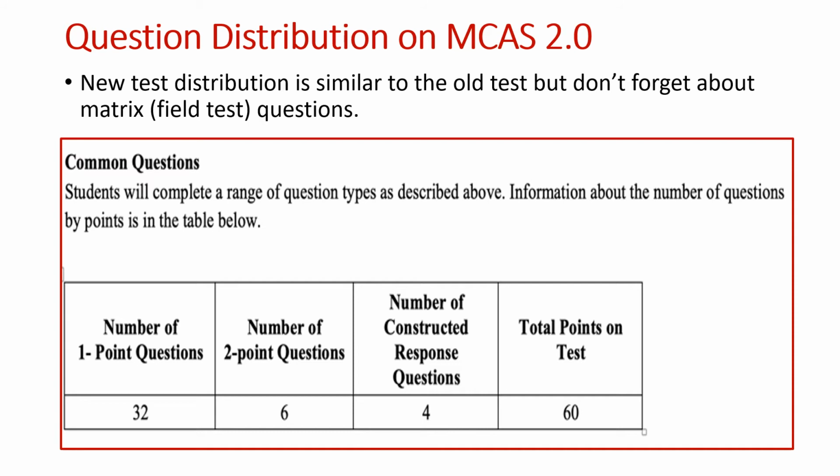There will be 6 1 or 2 point questions and 4 additional constructed response questions. That means students will have 8 constructed response questions on the test instead of 6. When students start to fatigue, they are more likely to skip constructed response questions. That's why it's more important than ever to practice constructed response questions.